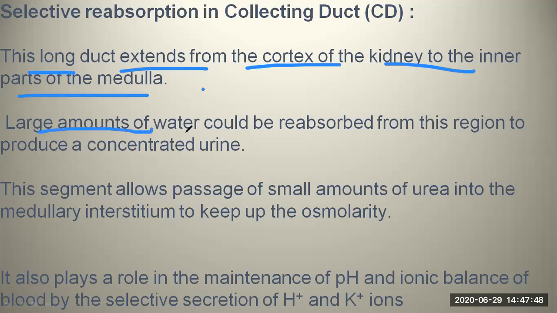Large amounts of water could be reabsorbed from this region, producing a concentrated urine. I had already told you, in the collecting duct the urine is fully formed and no more water will be lost. So highly concentrated urine generally passes outside the body.